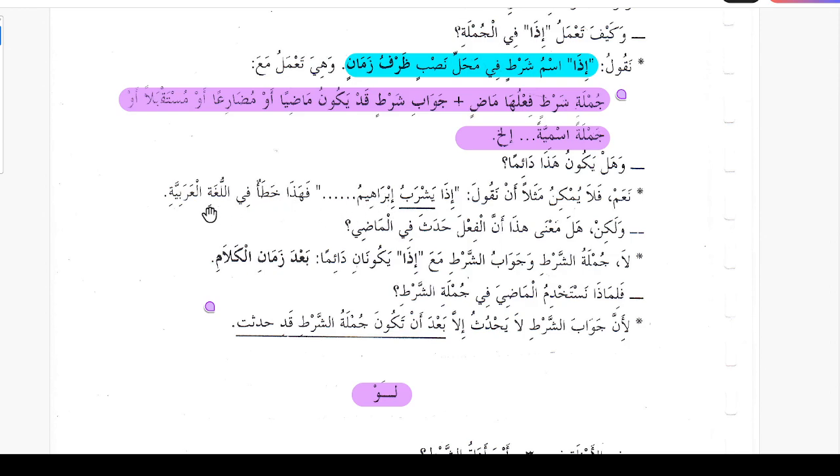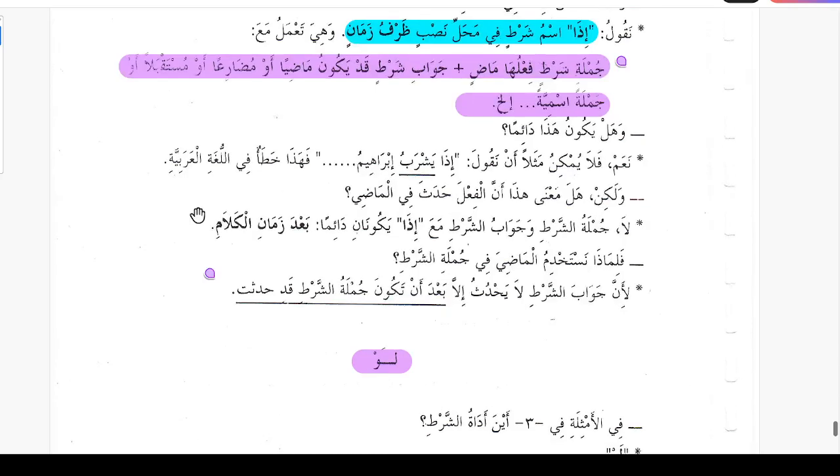فهذا خطأ في اللغة العربية. This is a mistake in the Arabic language. ولكن هل معنى هذا أن الفعل حدث في الماضي? So the question is, using the past tense, فعل ماضي, does it mean the fi'l happened in the past? لا, no. جملة الشرطي وجواب الشرطي ما إذا يكونان دائما بعد زمان الكلام.